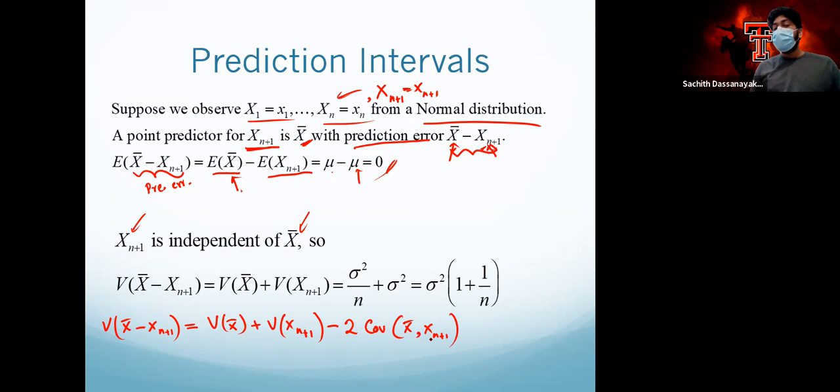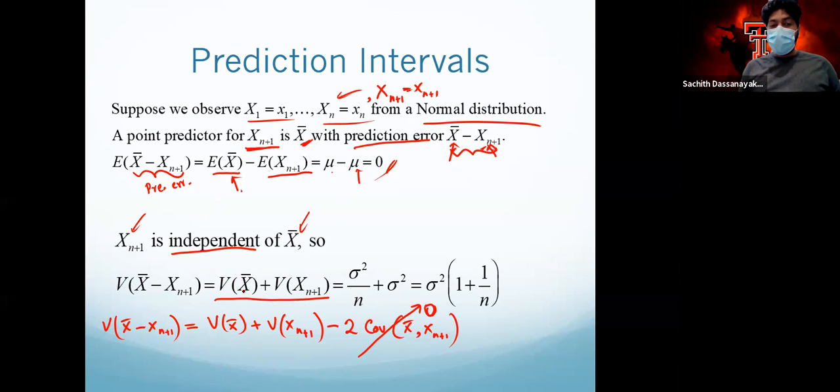I mean the covariance between those two variables. In this case they are independent, and since they are independent, the covariance is 0. There is no covariance if they are independent. So this piece goes to 0.